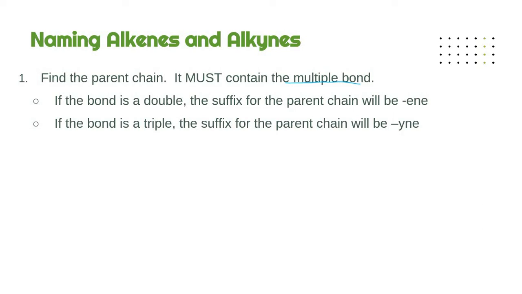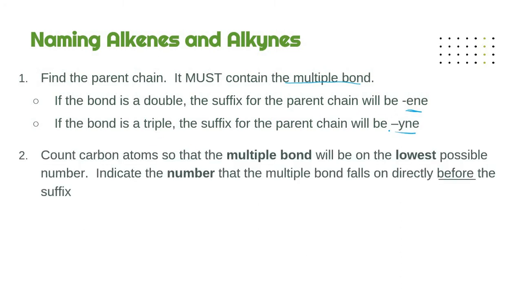If the bond is a double, the suffix would be -ene. If it's a triple, it's -yne. Count the carbon atoms so that the multiple bond will be on the lowest possible number, and then indicate the number that the multiple bond falls on directly before the suffix. So this is naming branches before.